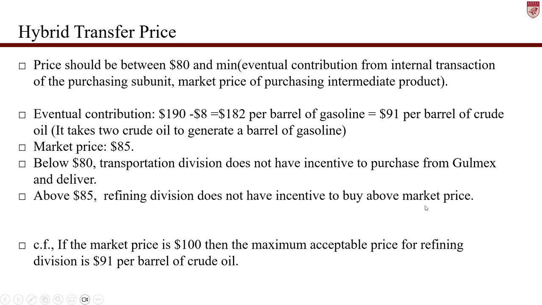If they can buy at a market price, why would they buy even above market price, right? So it's going to be between 80 and 85. So the negotiation is going to be between this. That's what the hybrid transfer price is about.